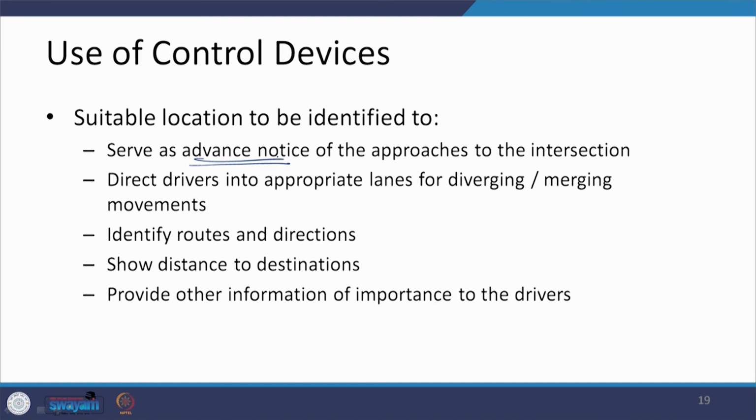So, we say that there is a crossroad ahead or there is a T intersection ahead, etc., and it should direct the drivers into an appropriate lane, and if they are in an appropriate lane, then diverging, merging, and crossing movements will become smoother. It identifies the routes and directions, shows the distances to destinations, and provides other information which can be important for drivers to follow and keep themselves safe.